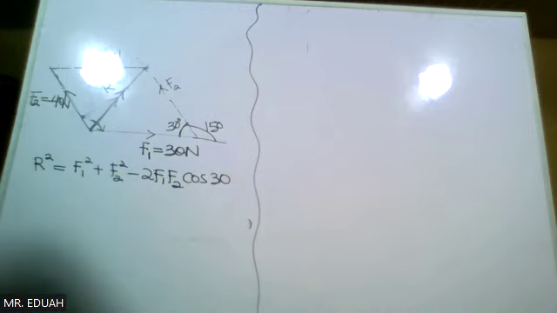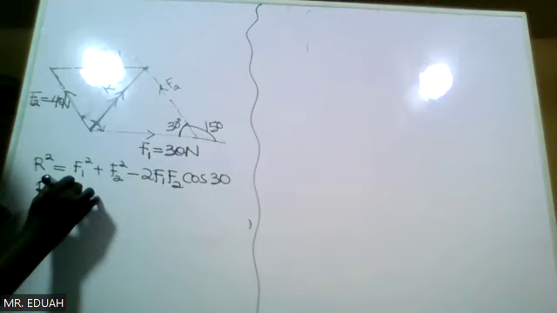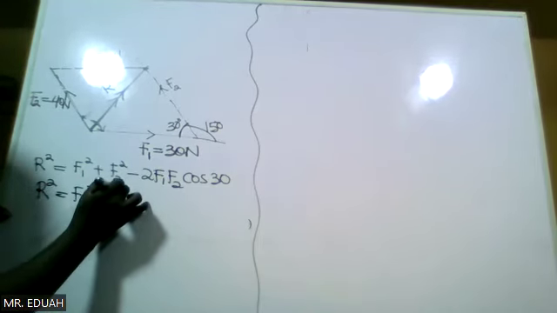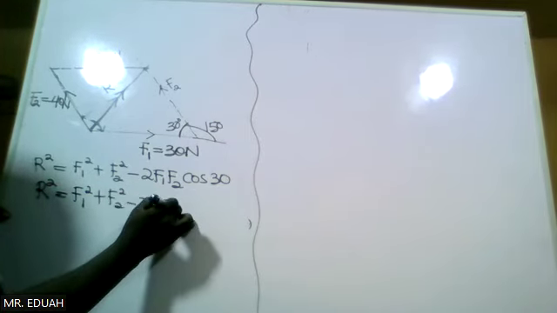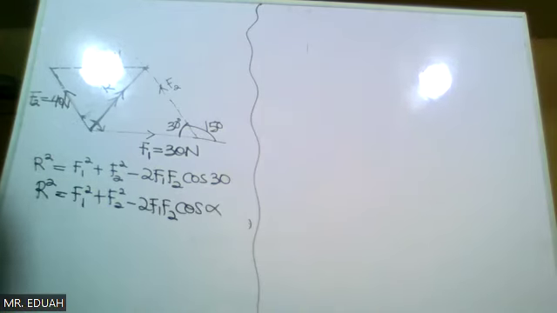You see, I gave you two different relations. In one of them, we had F1 squared plus F2 squared minus 2 F1 F2 cos alpha.